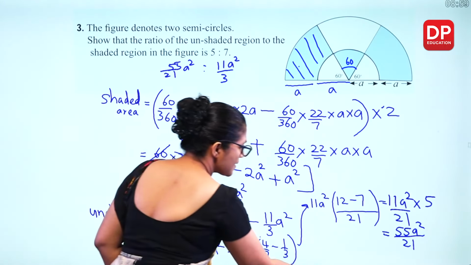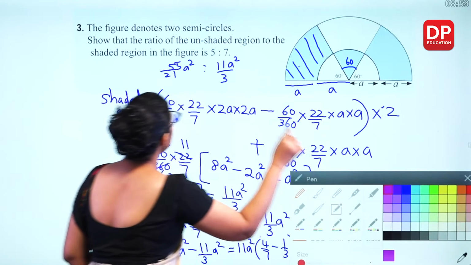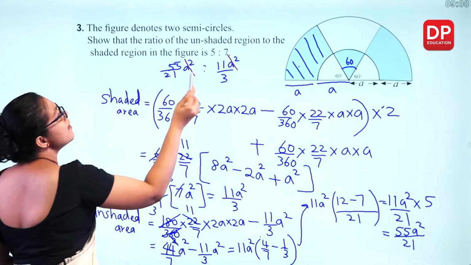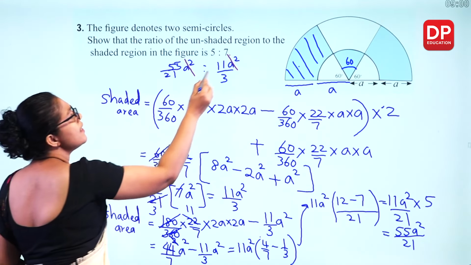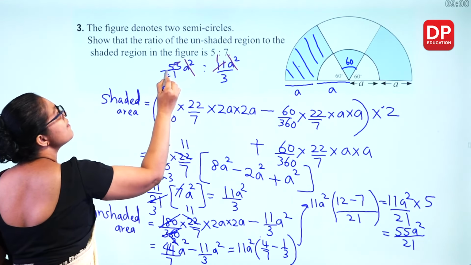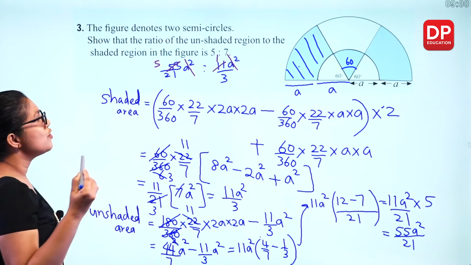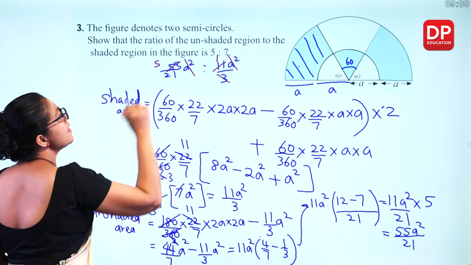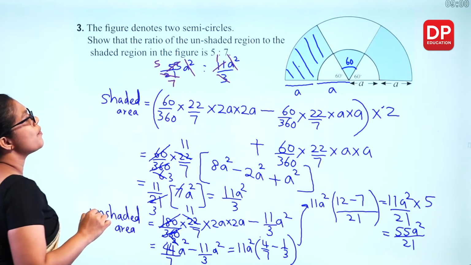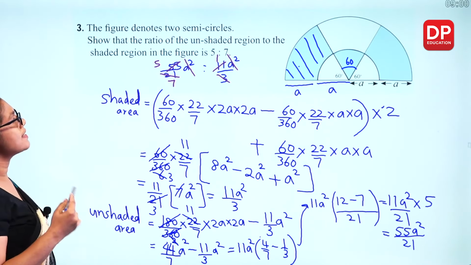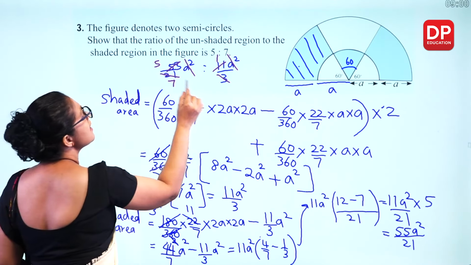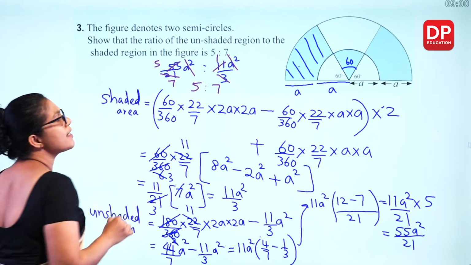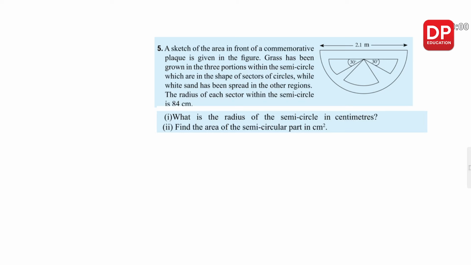A squared gets cancelled out on both. Here when you divide both by 11, you get 11 times 1, 11 times 5. When you multiply this by 3, you get 3 here and this is 7. So when you cross multiply, what's the ratio? You get 5 to 7 times 1, which is 5 to 7.